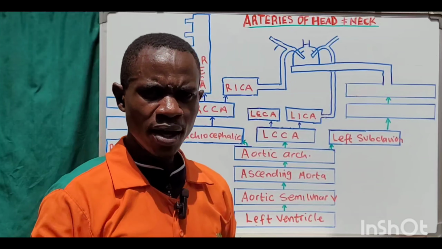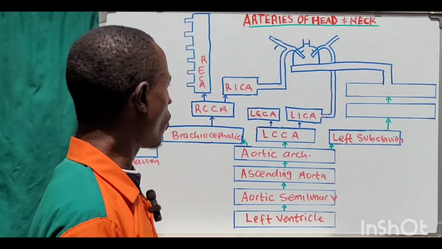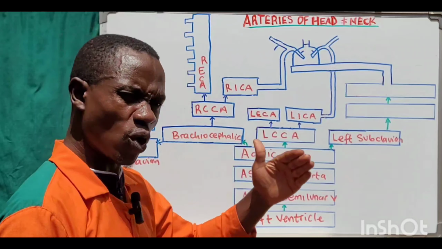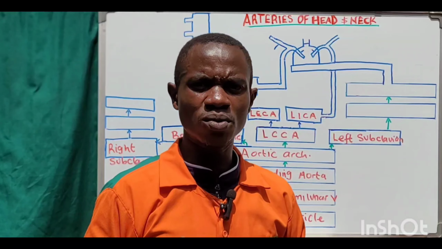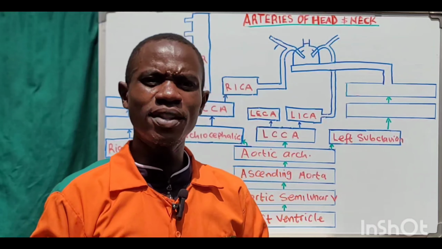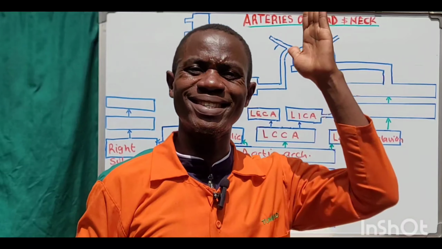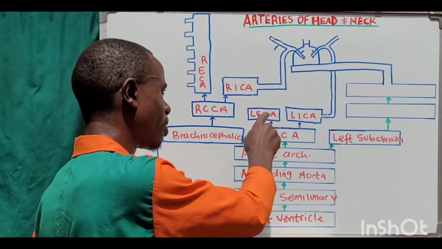Because they are 100% the same, I'm going to be using one side, which is also going to be representing the other side. I'll be using the right side of the face and the neck. And for the left, it is exactly the same, and it will be coming from the left external carotid artery.